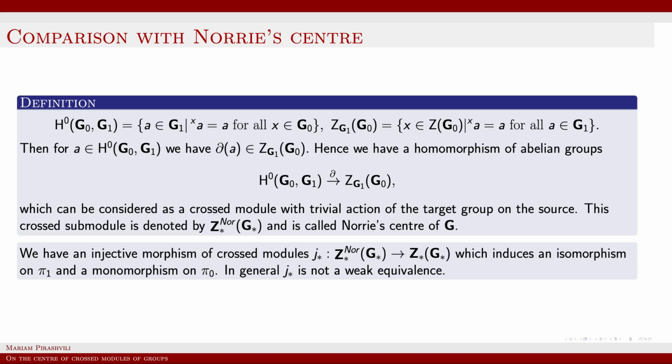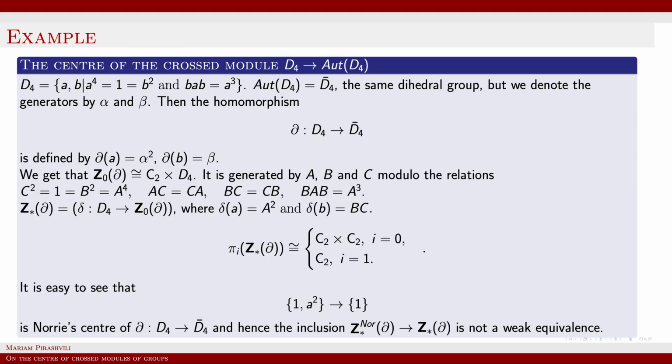There exists an injective morphism of crossed modules from Norrie's center into the center that I defined. On pi1 we get an isomorphism, and there is a monomorphism on pi0, and in general this is not a weak equivalence.